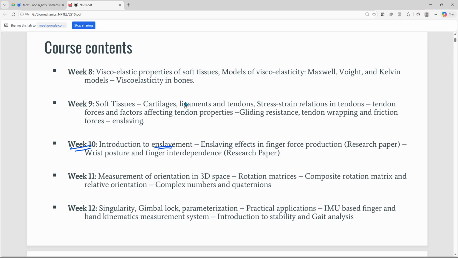This part of the course explains the enslavement effects of the fingers and goes on to discuss two state-of-the-art research papers from Satrowski and Niranjan Chakravarti, who studied the enslavement effects from different perspectives and found some significant results.